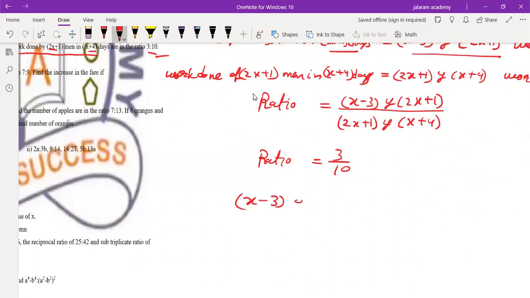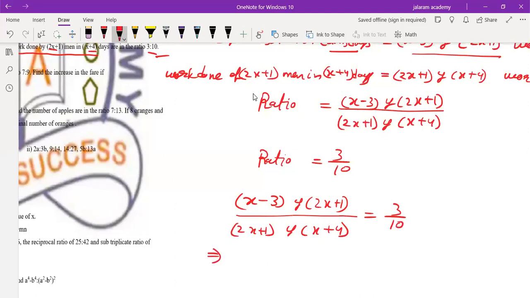X minus 3 into y into 2x plus 1 over 2x plus 1 into y into x plus 4 equals 3/10. It implies y will be cancelled out, 2x plus 1 will be cancelled out, and x minus 3 over x plus 4 equals 3/10.